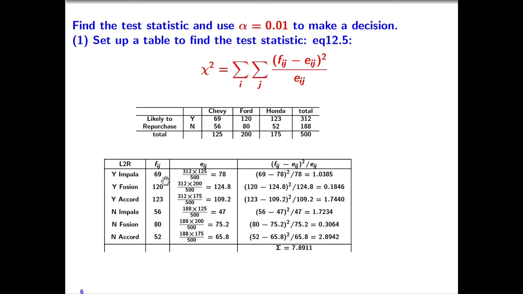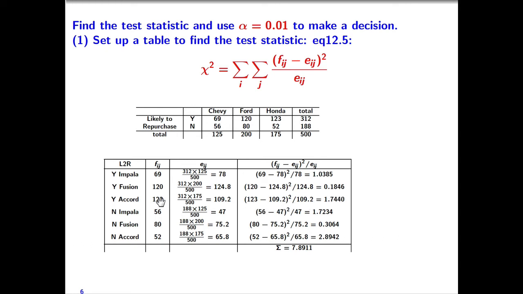Now you compute (Fij minus Eij) squared over Eij. So you have 69 minus 78 squared over 78 to give you 1.0385. And then you have 120 minus 124.8 squared over 124.8 to give you 0.1846.